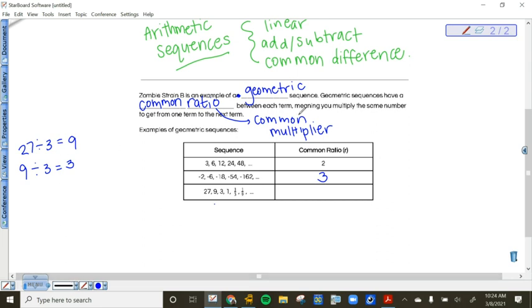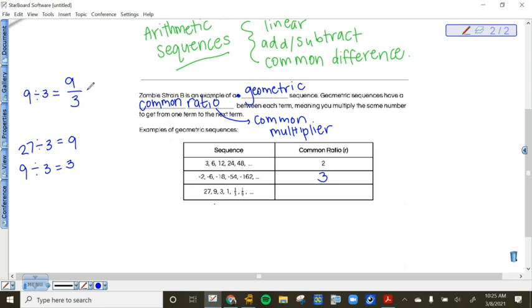But we want to put this in terms of a multiplier. We want to multiply by something. So if I have 9 divided by 3, what's another way I could write that? We could write it like this, 9 over 3, right? This fraction line is just like the divide sign.